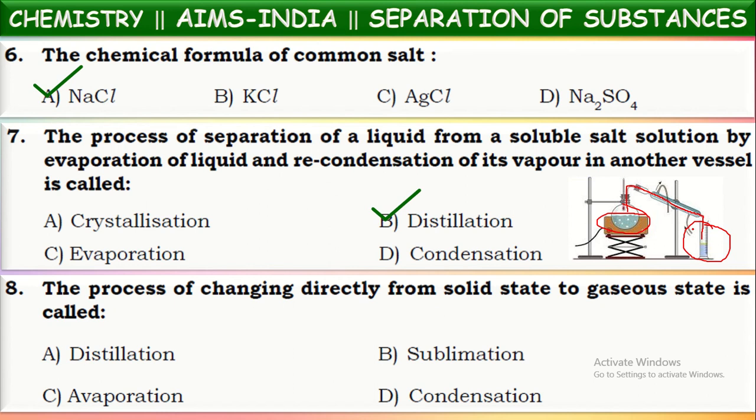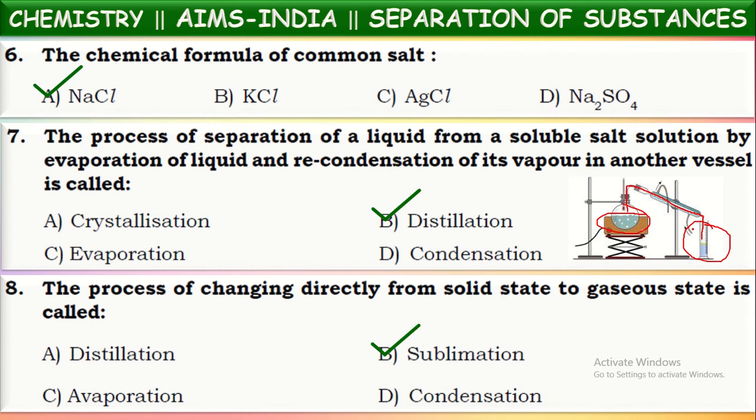But there are certain substances which convert directly from solid state to gaseous state on heating without coming into liquid state. That process is called sublimation. And those substances which convert directly from solid state to gaseous state are called sublimable substances.